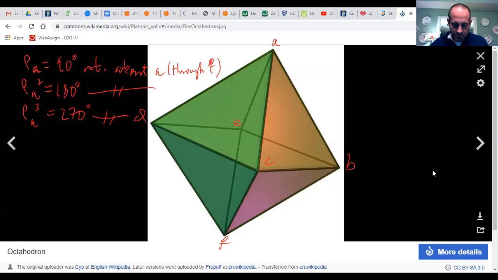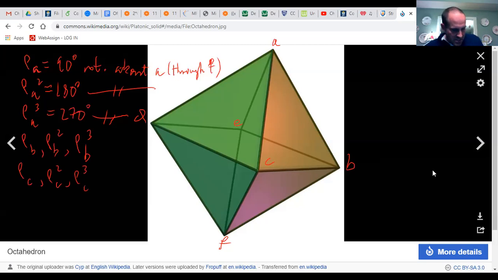And then rho C squared and rho C cubed. Let me just keep track of these. So rho B squared, rho B cubed, and then rho C squared, and rho C cubed.